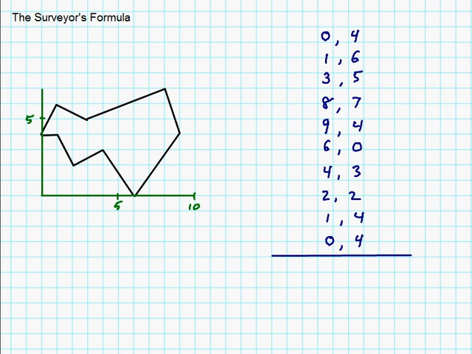This leaves one more biggie. What about really badly irregular shapes? Now this one I've still given whole number coordinates for the vertices. But say that you're a surveyor and you're trying to find the acreage of somebody's odd-shaped parcel of land.